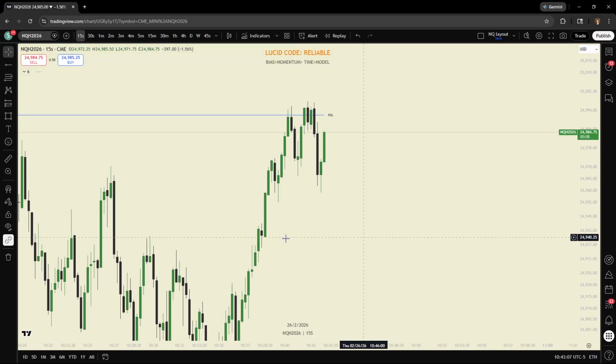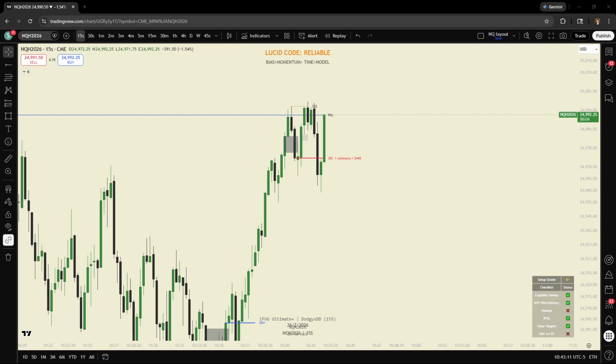There's a nice looking 15-second here. Mid equal highs.